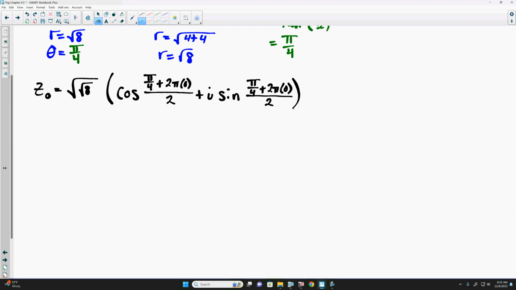So we get all this here. Now, one of the first things we do need to simplify is the square root of the square root of 8.